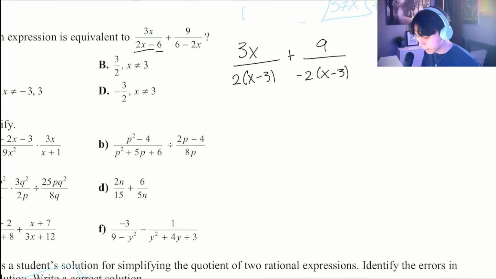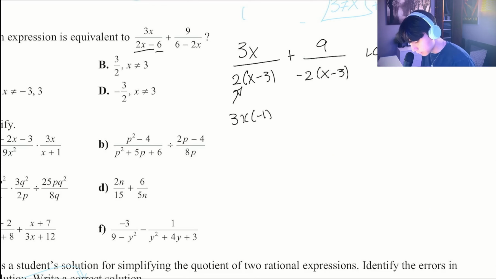So now that we have this, we have to find an LCD so that we can actually add these fractions. So our lowest common denominator here is going to be negative 2 times x minus 3. To make this negative 2, we're just going to multiply the numerator and the denominator by negative 1.